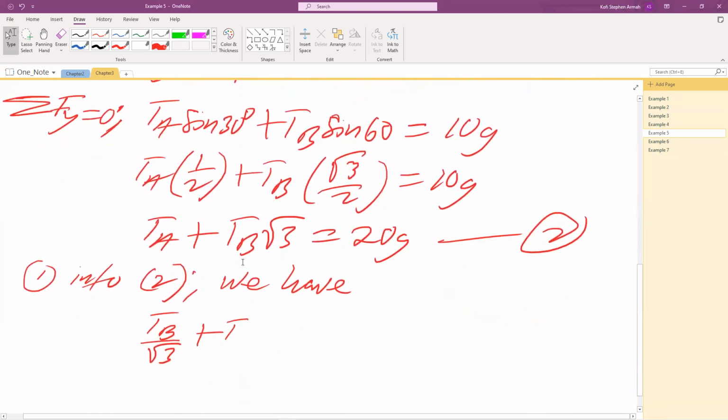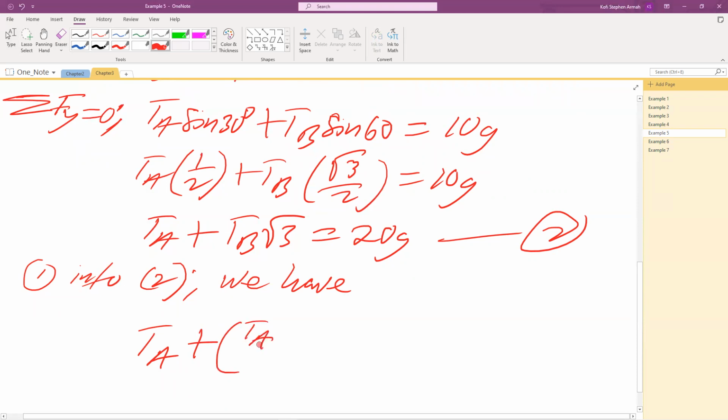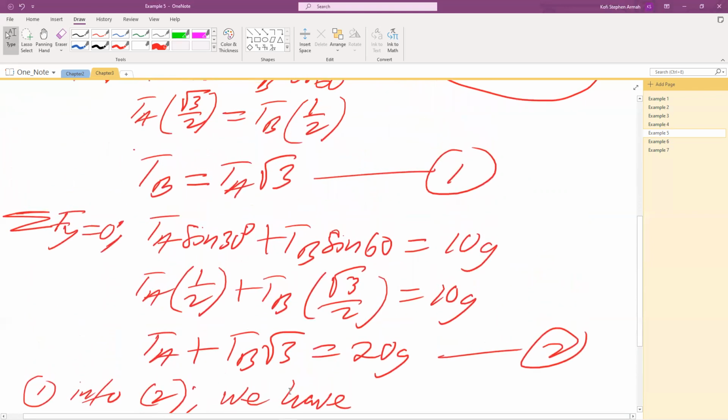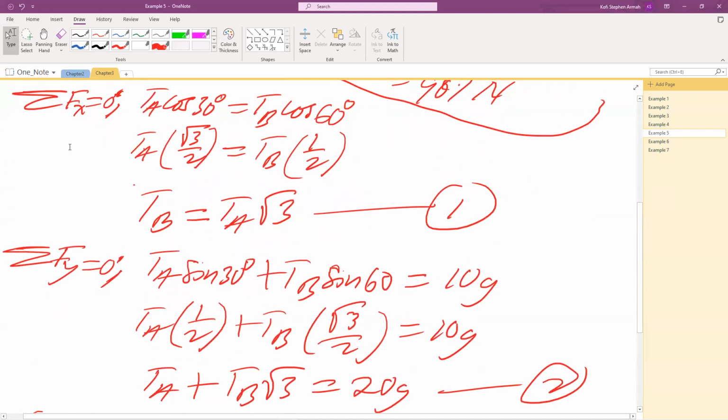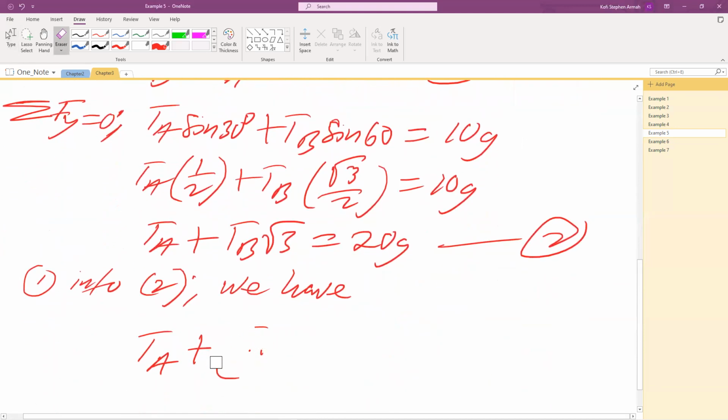So I can come here. In this case, I'm doing substitution for TB. We keep the TA there, and then we add TB, and TB is TA root 3, as you see above.